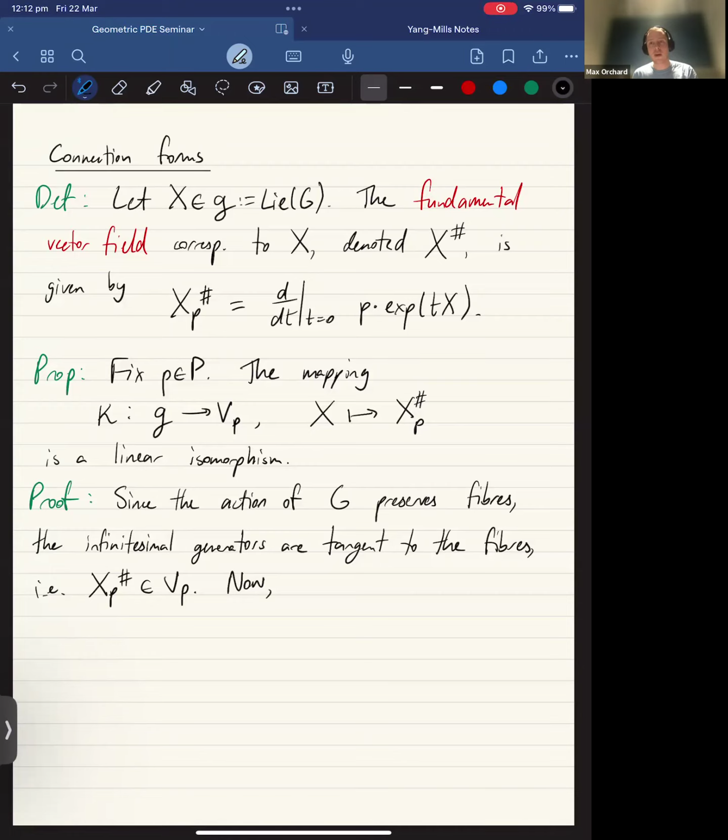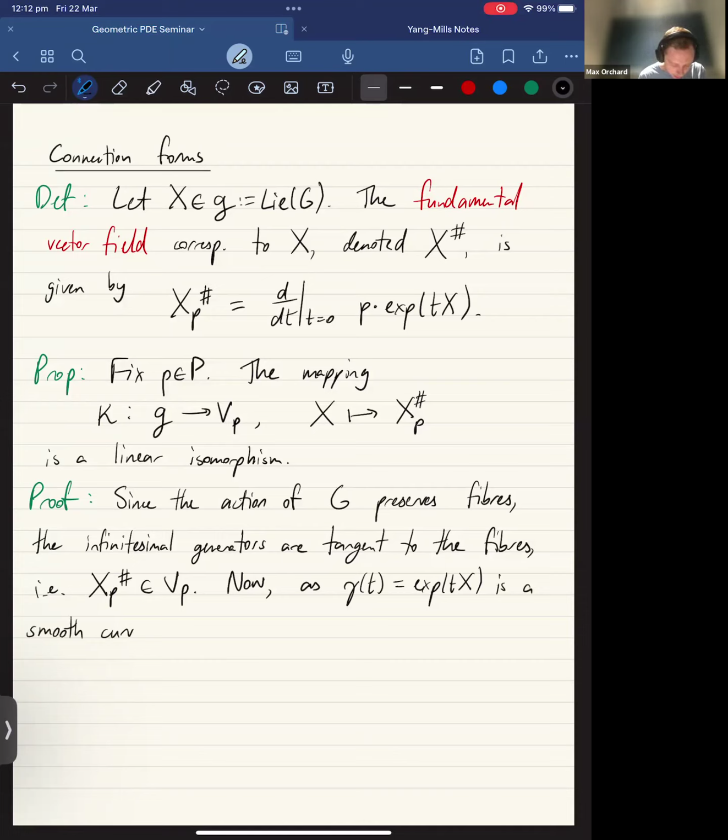Now, I'm going to rewrite the definition of a fundamental vector field in a slightly different way. I'm going to define this smooth curve here.